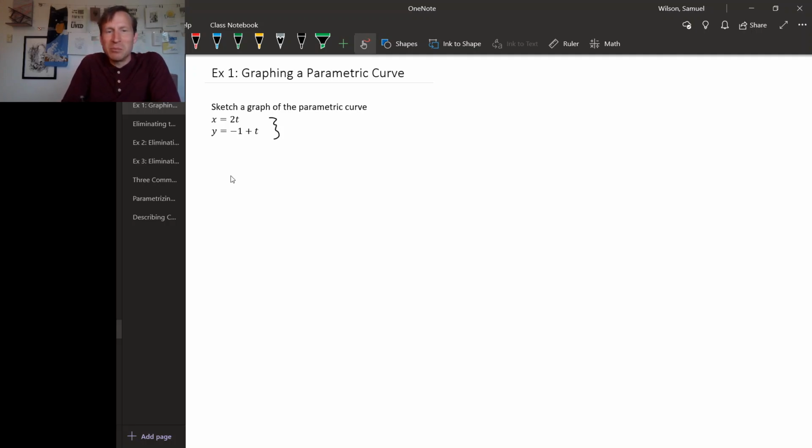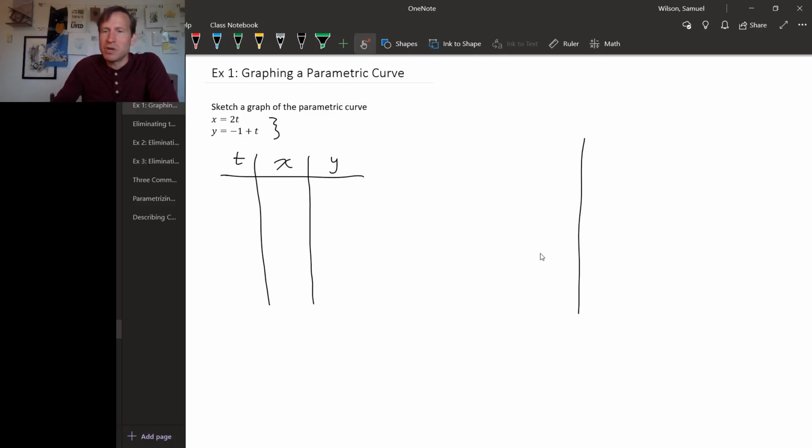So we could come up with some of the points on this curve just by making a big table of different t values and the x and y values that these parametric equations produce for this particular t value, and then we can plot these points. Now this parametric curve, the domain for this is all real numbers, because you could plug in any t value at all and it would work fine.